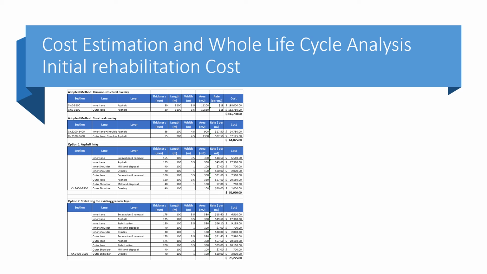A 55 millimetre thick structural overlay for chainage 3200 to 3400 inner lane and 3100 to 3400 outer lane traffic lanes plus shoulder. A 40 millimetre mill and overlay has been considered for chainage 3400 to 3500 inner lane and chainage 3400 to 3500 outer lane shoulders.